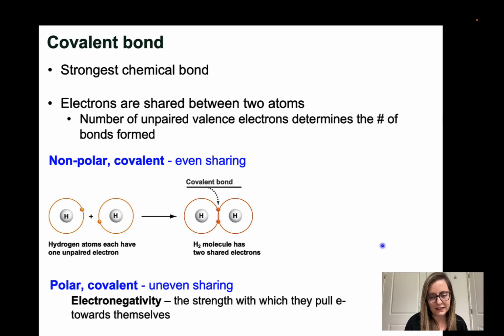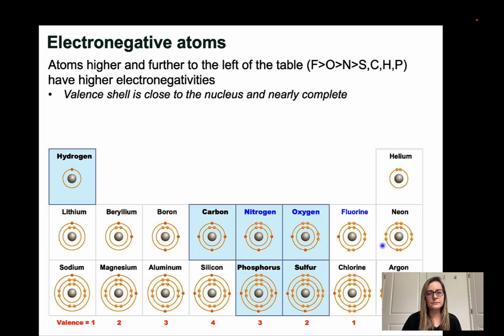So electronegativity is the strength at which atoms pull electrons towards themselves. And this is different for different atoms. So atoms that are higher up on the periodic table, this is just part of the periodic table, and further to the right, have higher electronegativities.